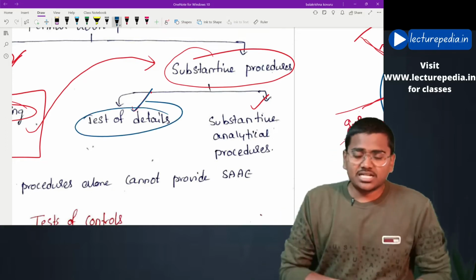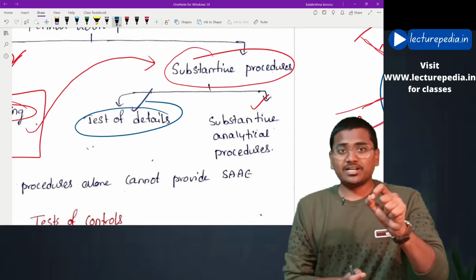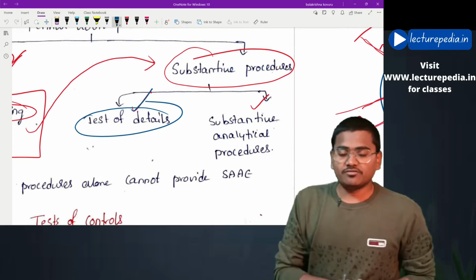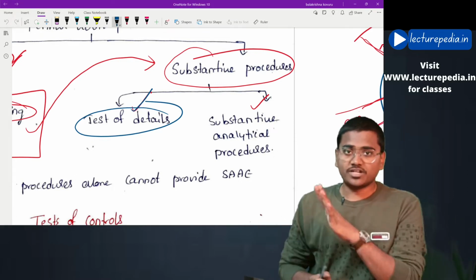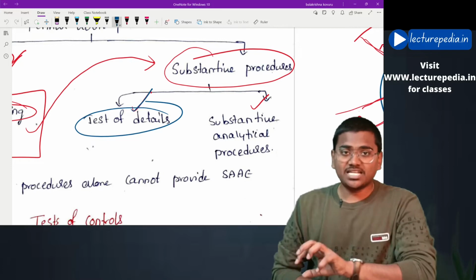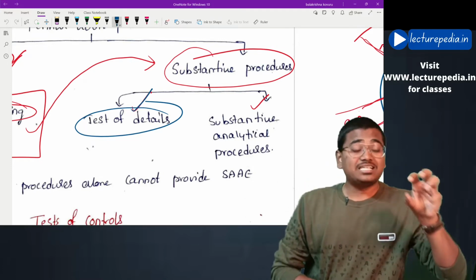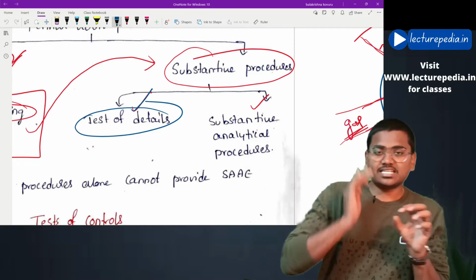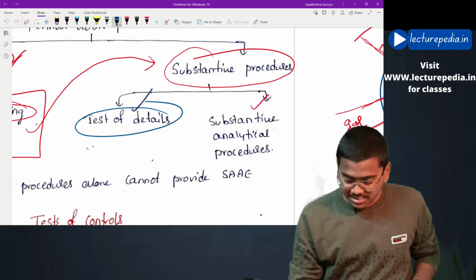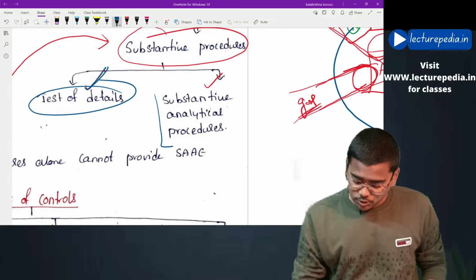For example, let's say relating to the assertion of inventory, relating to existence of inventory. This is one of the assertions that has been given by the management. Okay, existence of inventory. Now in order to obtain evidence relating to this assertion of existence of inventory, auditor will perform physical checking. Okay, this will come under test of details. Hope this is clear.